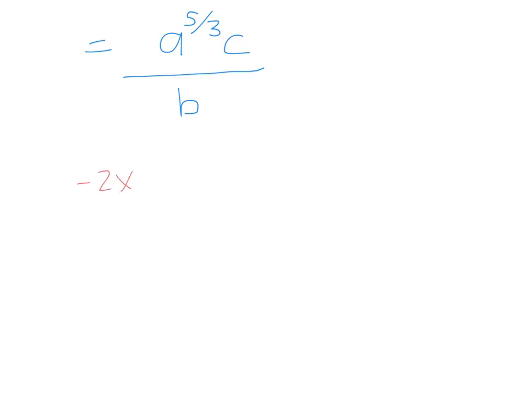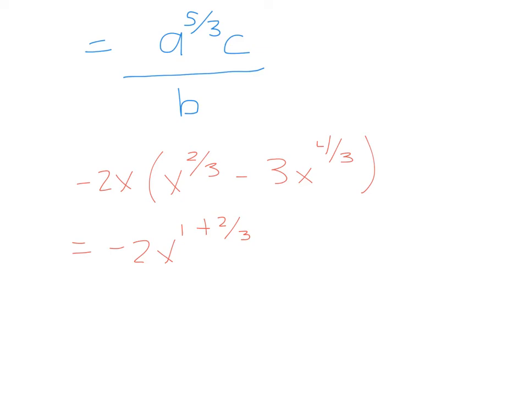Negative 2x times x to the 2/3 minus 3x to the 4/3. And we want to multiply. Okay, so distributing that negative 2x, we have a negative 2x, and adding together the exponent of 1 plus the exponent of 2/3.